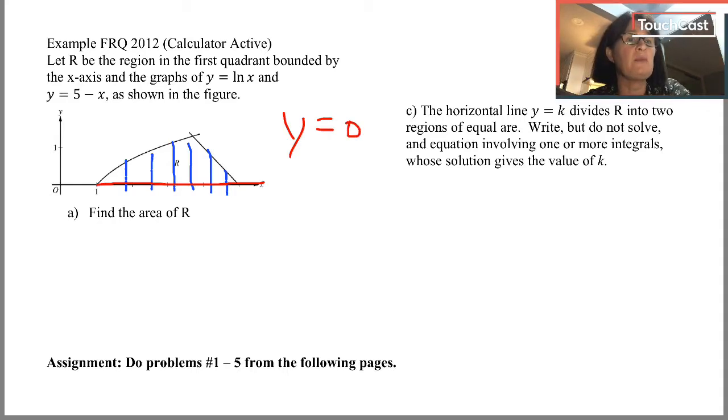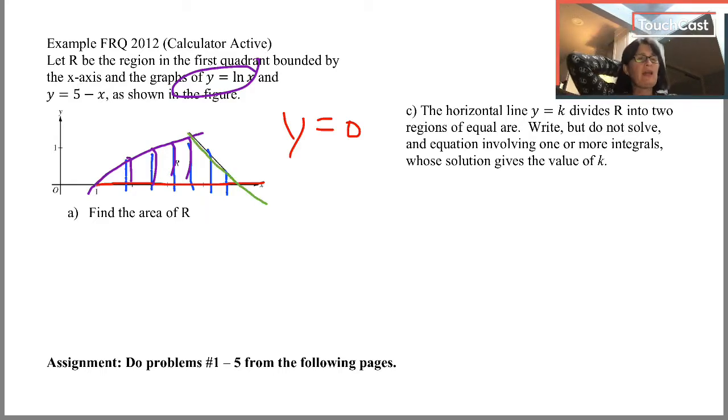Did all of the tops touch the same curve? Well, these rectangles had their tops touch this curve, which I find out now is y equals natural log of x. And these other rectangles over here touch the line 5 minus x. So I don't have the same top curve for all of my rectangles. So I need to make a plan. I have 2 choices.